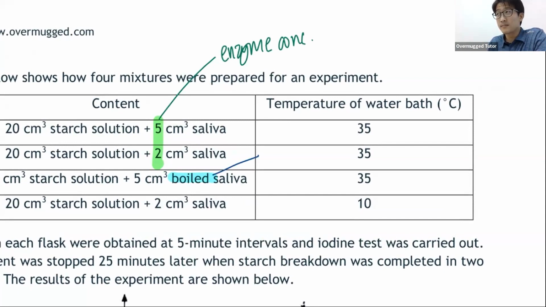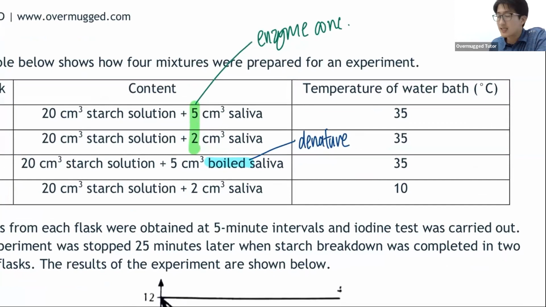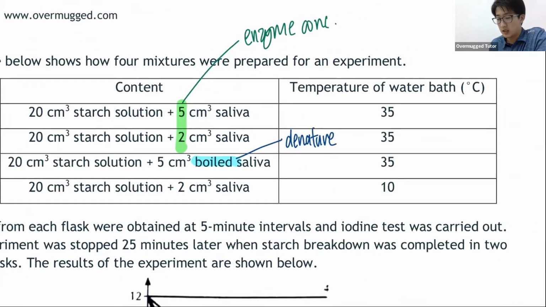Yes, you denature the enzyme. 诗婷, what are we studying for flask S? Looks the same as Q, huh? What's the difference? Is there something else that we can look at?